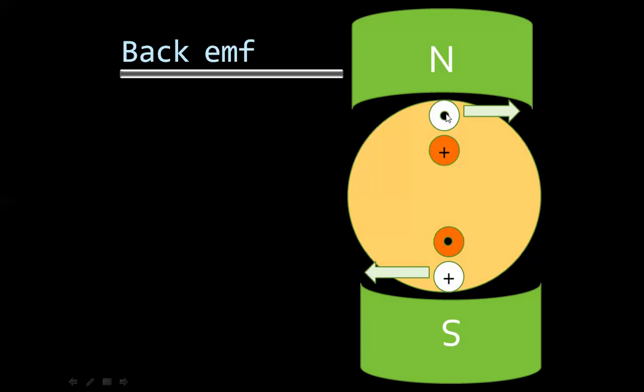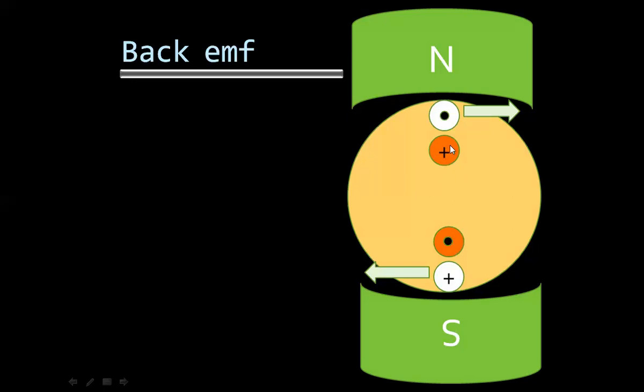In doing so, the same armature conductor will cut the magnetic flux and there will be generated EMF. The generated EMF direction can be found by applying Fleming's right hand rule. And in the same armature conductor, if we mark the direction of generated EMF and current, it will be cross for upper conductor, dot for lower conductor.